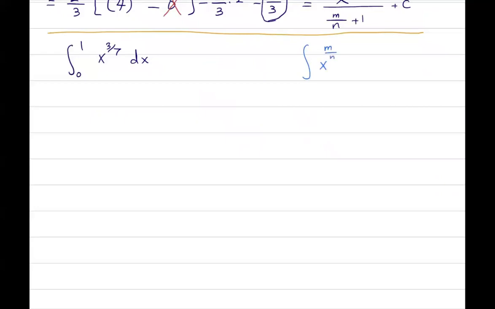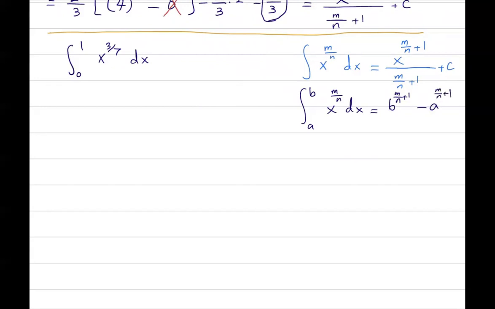The integral of x to power m over n dx is x to power m over n plus 1 divided by m over n plus 1 plus constant of integration, and in definite form, when you have a to b of x to power m over n dx, you just do the substitution. You get b to power m over n plus 1 minus a to power m over n plus 1 divided by m over n plus 1.